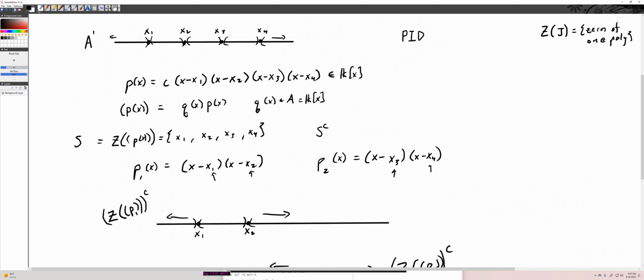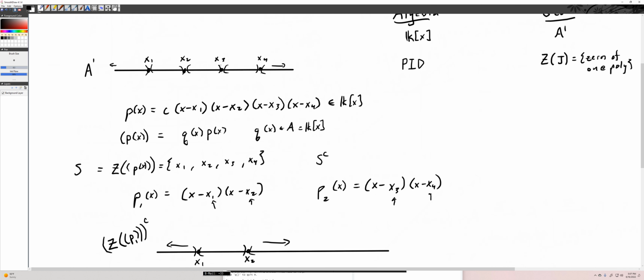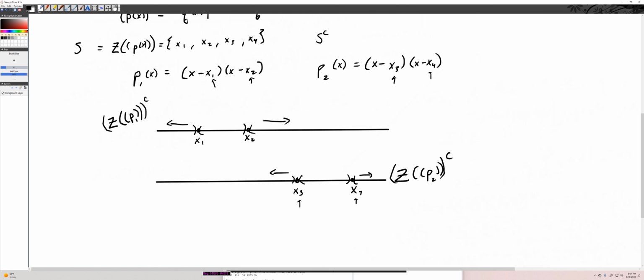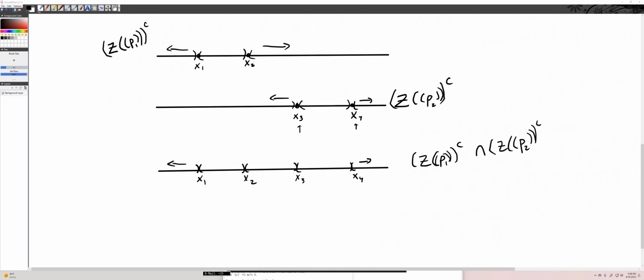Now how could we recreate this zero set, or this complement of a zero set, with these right here? And obviously we do this by intersection. As you can see, if we take the union of these two, we get the entire affine line. But if we take the intersection, it's going to cleave off x1, x2, and it's going to cleave off x3 and x4, and give us this nice open interval that is associated to the complement of Z of P1 times P2.